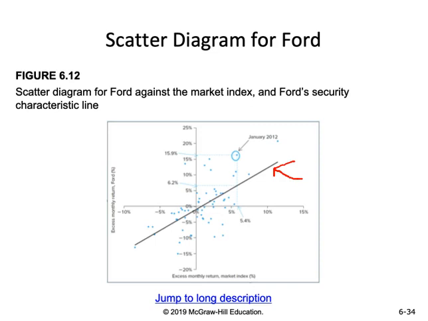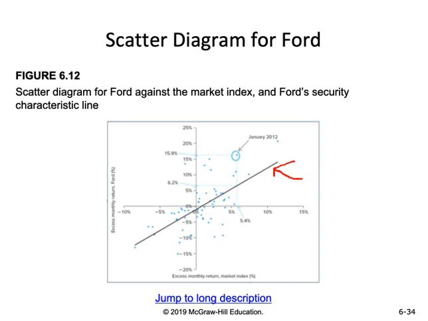These data points are monthly plots that plot Ford's excess return for that month, and the same one is plotted to show the market index excess monthly return over the risk-free. And our XY intersection there is 0, 0.